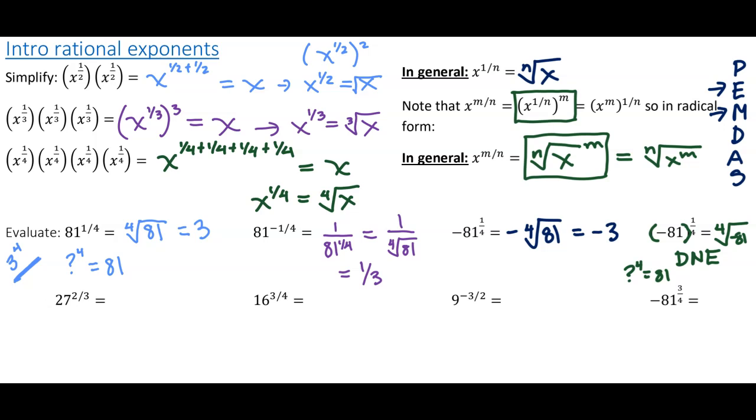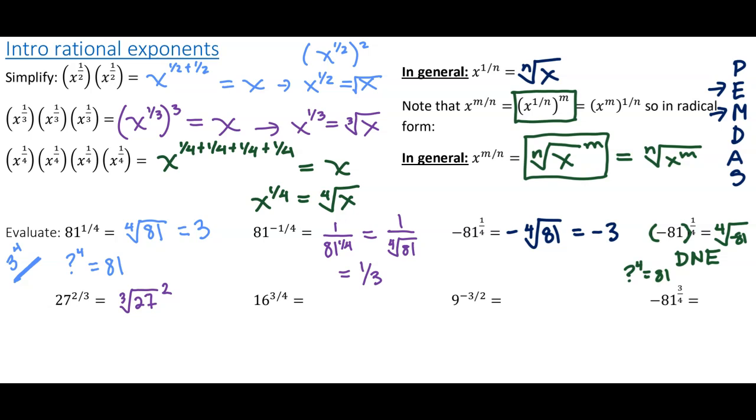Okay, next, 27 to the 2/3. So again, I would think about this as two separate steps. That means I need to take the cube root of 27 and I need to square. You can either square before or after the cube root. I highly recommend doing it after because squaring 27 is a mess already. That's going to get you a really big number. And then cube rooting that really big number in your head is going to be tricky. And we want to be able to do some of these in our head.